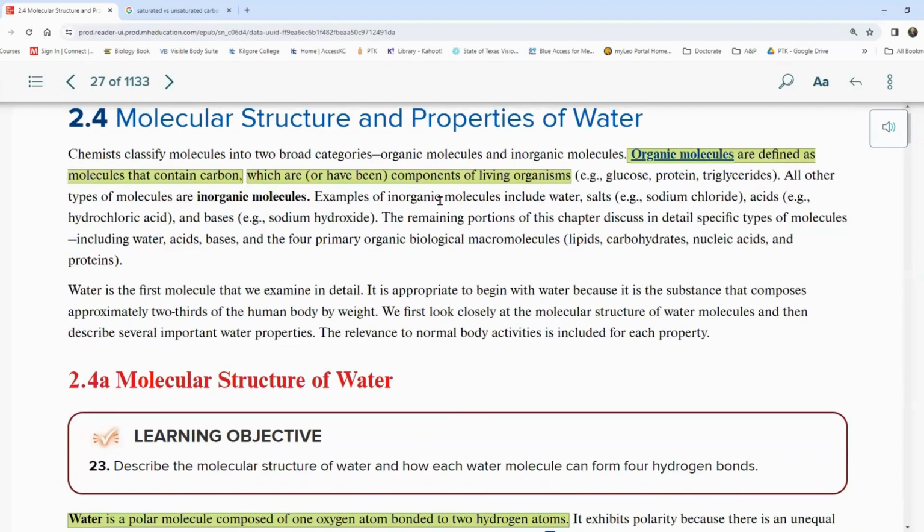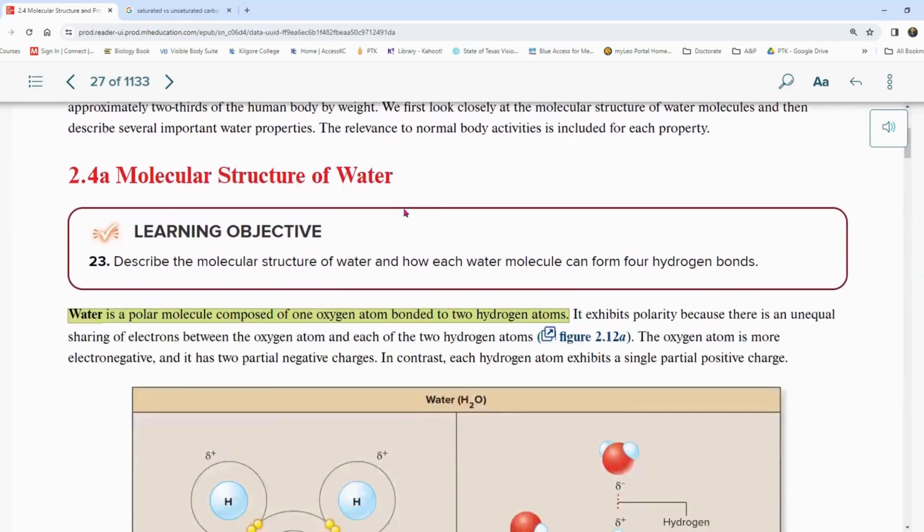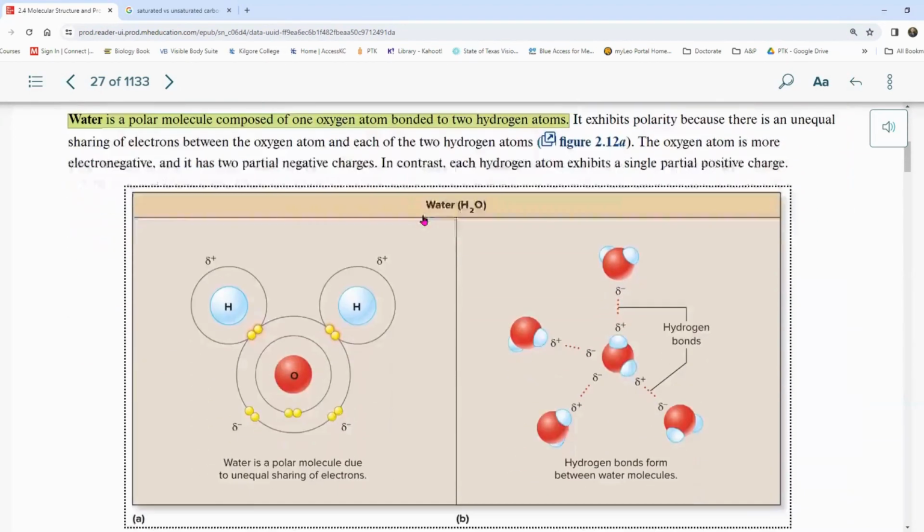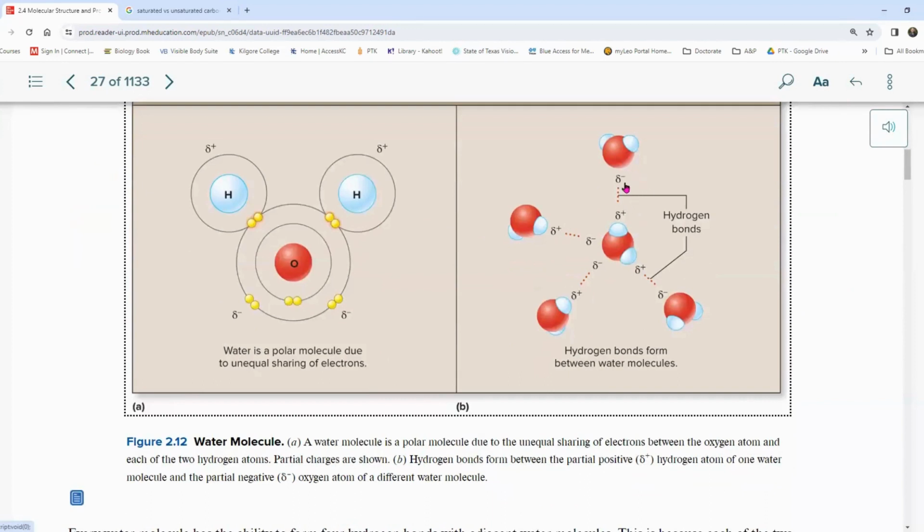Organic molecules are defined as molecules that contain carbon, and these are components of living organisms. Water is composed of one oxygen atom bonded to two hydrogen atoms, and it exhibits polarity because there's an unequal sharing of electrons. If you look here we see these symbols again. You've got negative because of the oxygen bonding to the positive of the hydrogen.